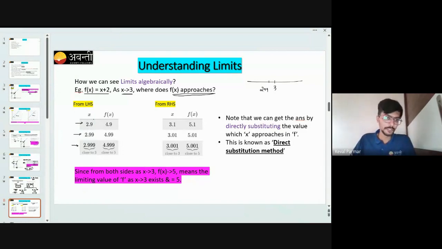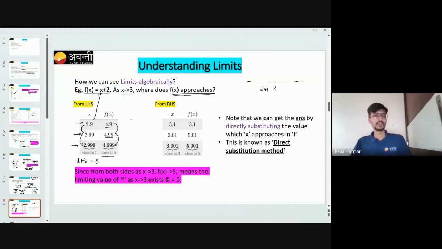If I substitute these values in the function, I will get functional values as 4.9, 4.99, and 4.999. So as we move closer and closer to 3, here we move closer and closer to 5. That means from left hand side, my left hand limit will be equal to 5.